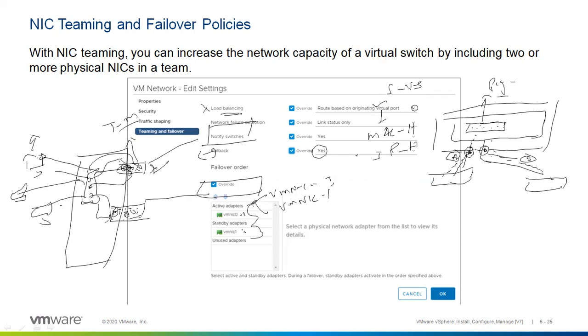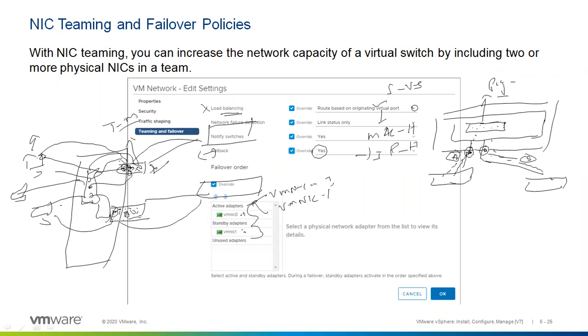If we say IP hash, then my IP will be learned by the physical NICs. And next time, if that VM wants to send some traffic to the same target VM or any VM, it will always go by a single way. So it will never flip-flop.